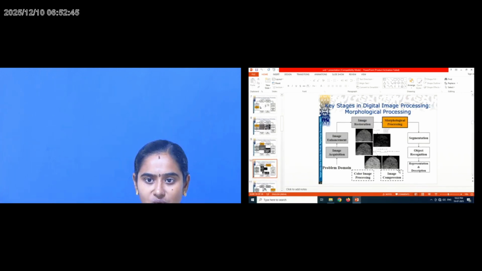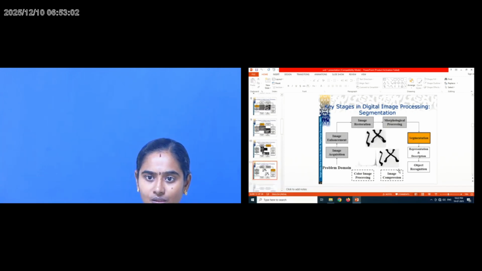Then the next one: here in this technique we have fingerprint images. These fingerprint images help to identify the correct person, whether it is correct or not. Then segmentation. What is segmentation?